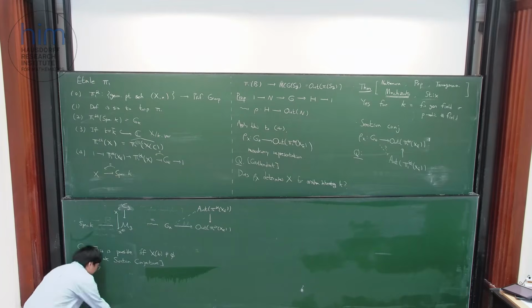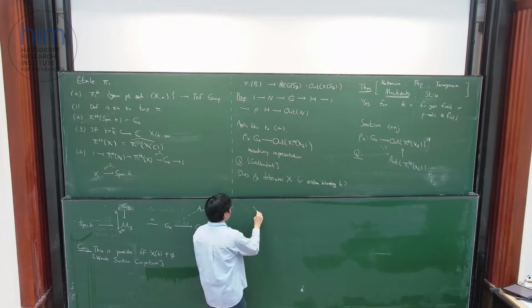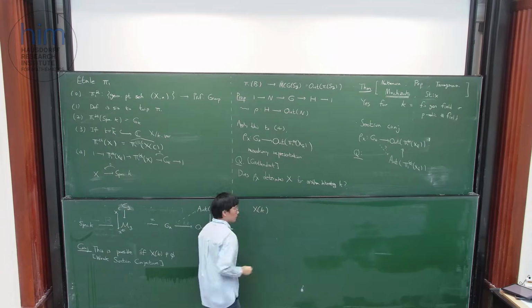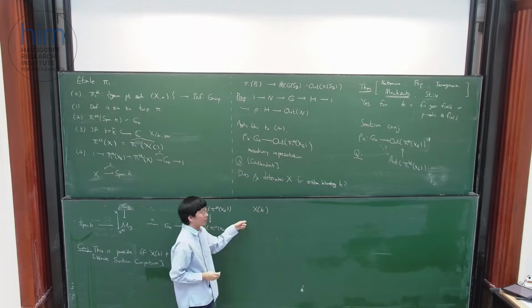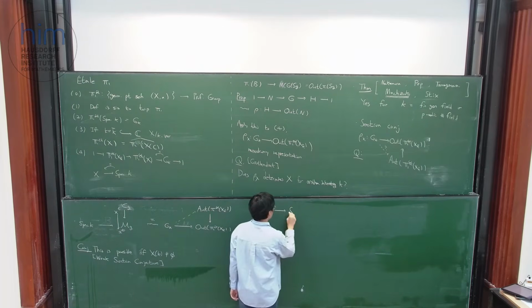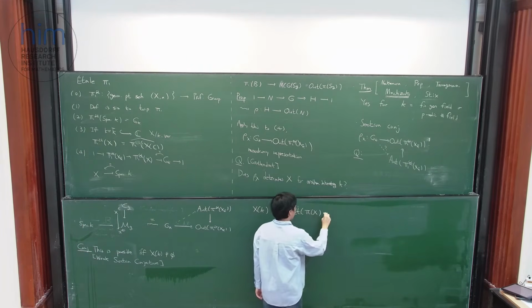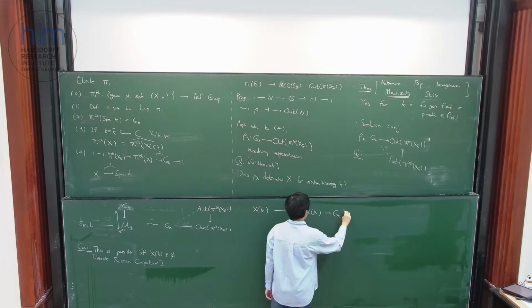So the point here is that if you have a set of rational points, then by this construction, this corresponds to a section of the map from the arithmetic fundamental group to the Galois group.